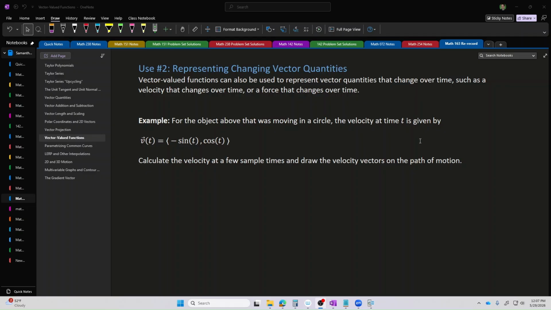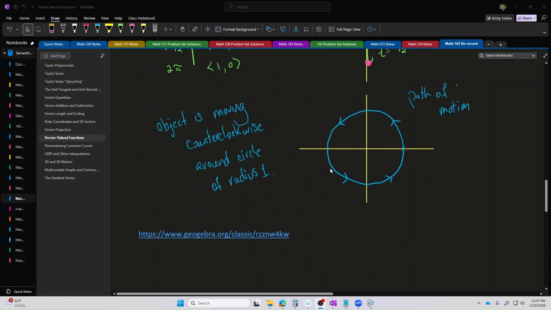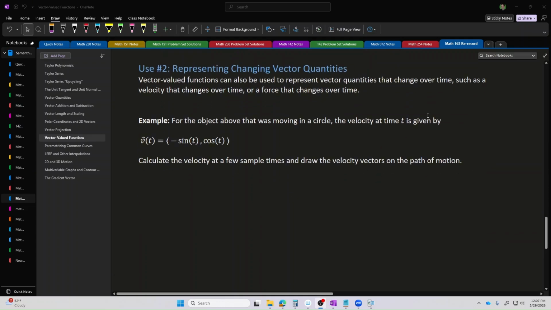So I can use a vector valued function to represent that changing velocity. For example, and we'll talk more about this in a later lesson, I claim that for this object above, this guy here who was moving in a circle counterclockwise over time, the velocity of this object at any given moment is given by this function.